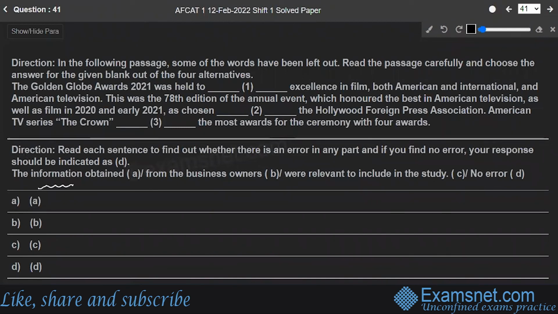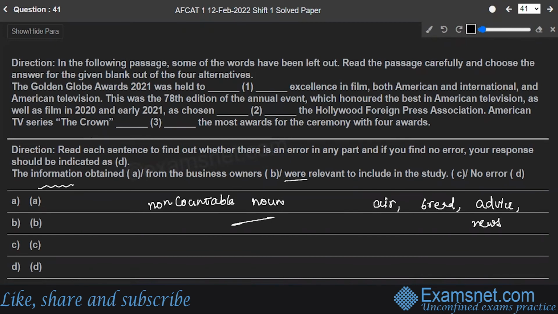The word information here is a non-countable noun. That means it can't be counted, just like air, bread, advice, news. These types of nouns cannot be counted. They are called non-countable nouns.